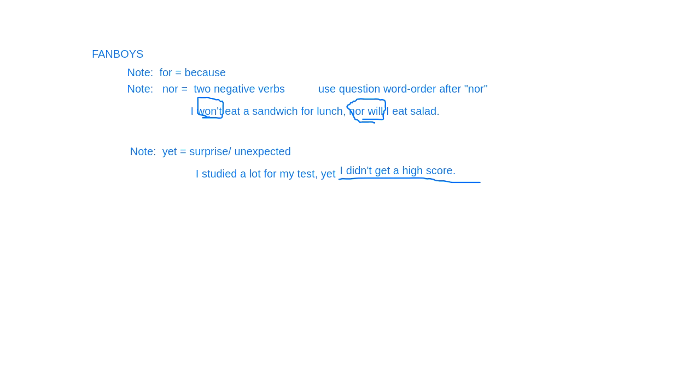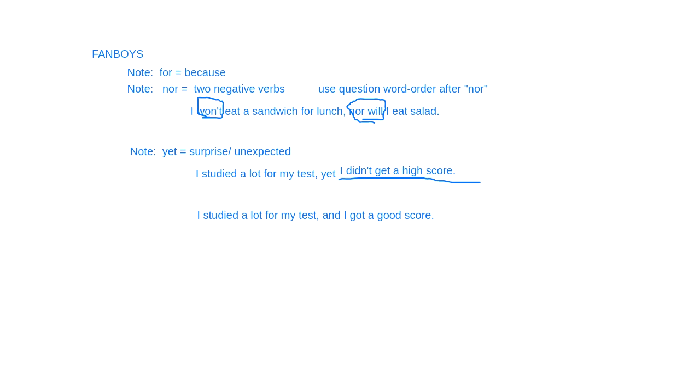Okay, so let me write it on the board here. So, Lucia, look at this sentence. "I studied a lot for my test and I got a good score." This is when we're going to use "and" because we're just adding more information, and this is expected. This is normal.